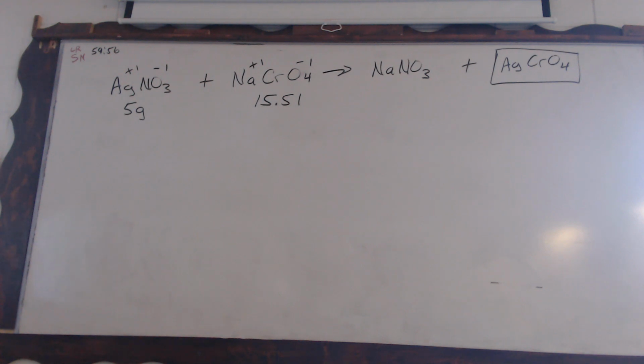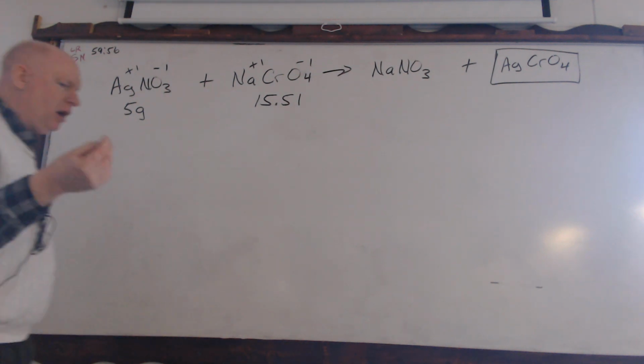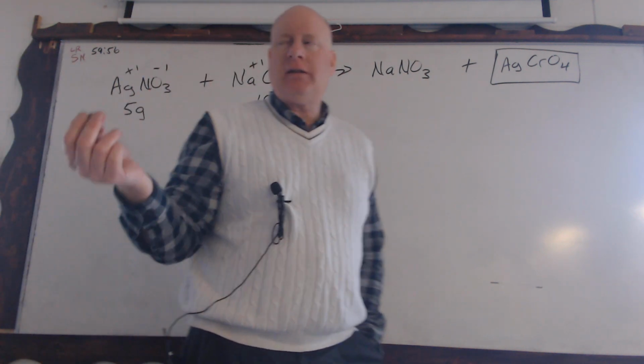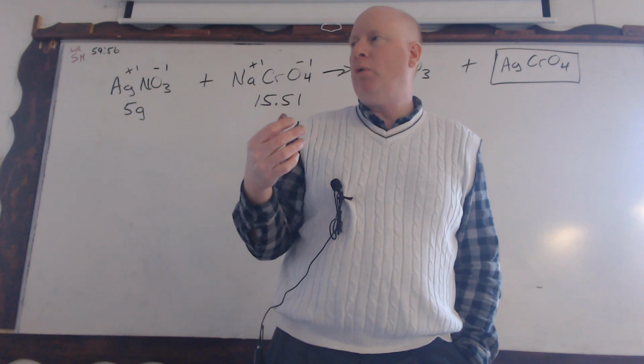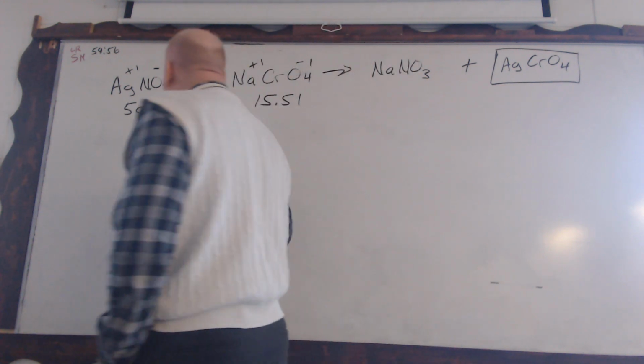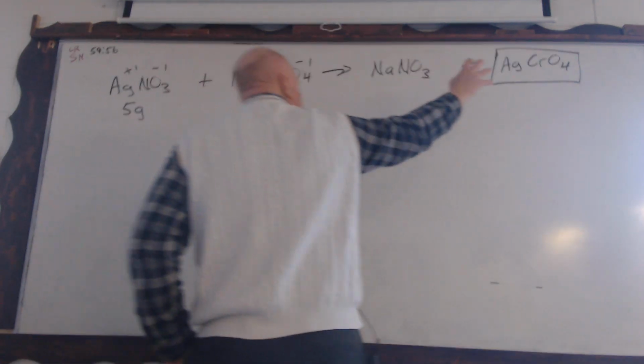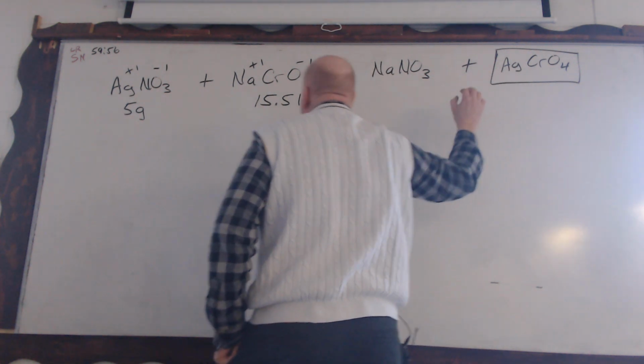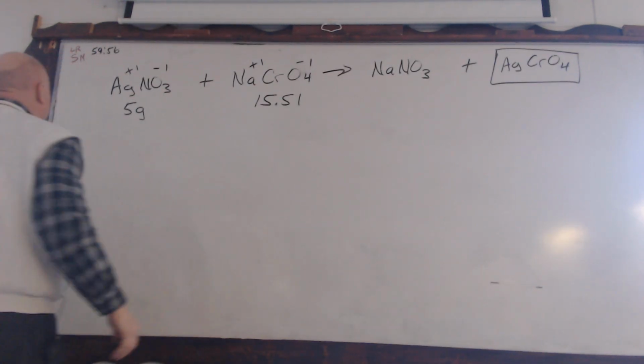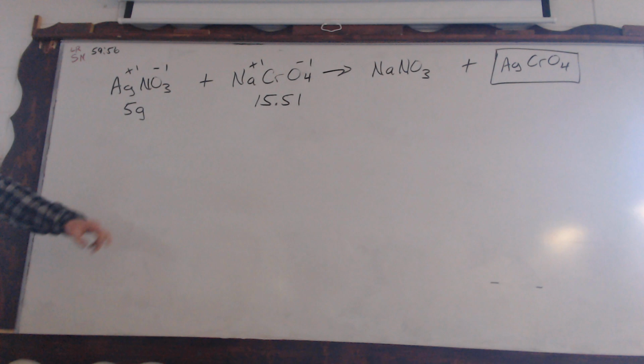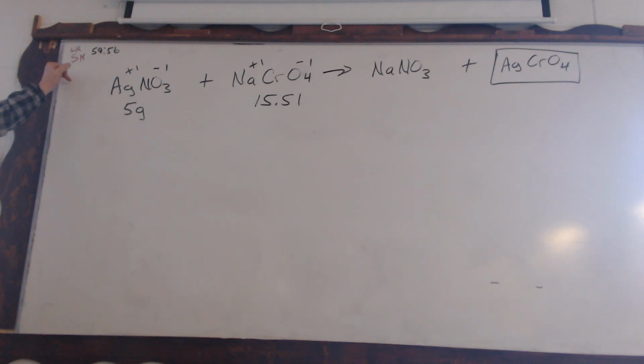It is perhaps a little bit longer, but it's easier to make a mistake when you go mole to mole all the time. But what we're going to do is change it to grams of that anyway. And if you had calculated your limiting reactant, it should be silver nitrate, correct?